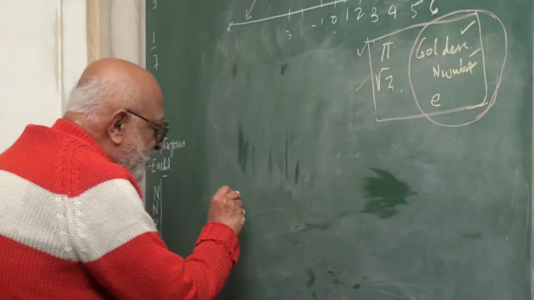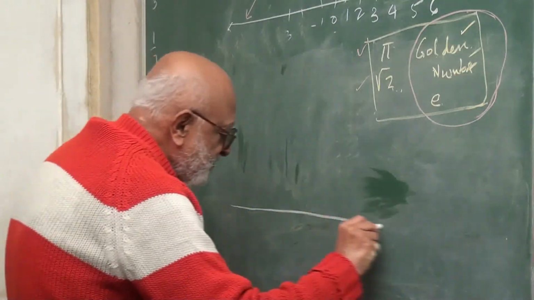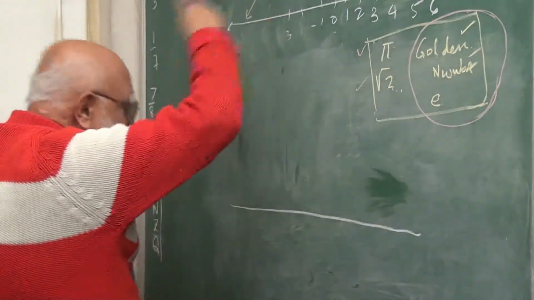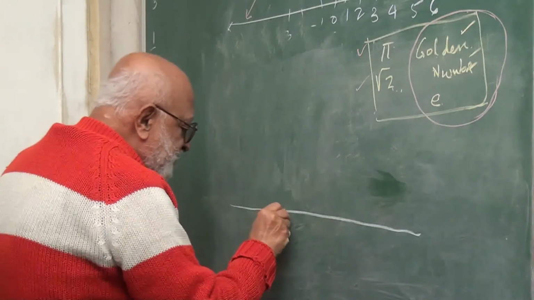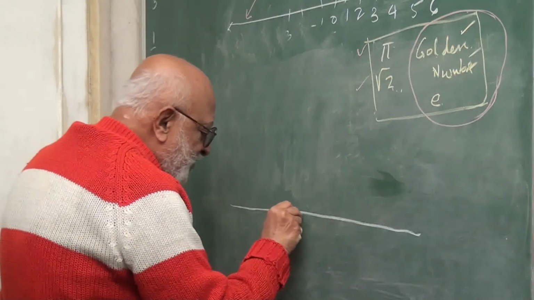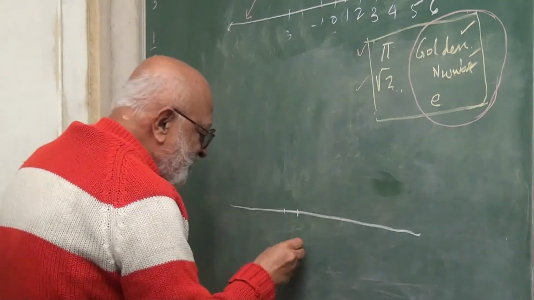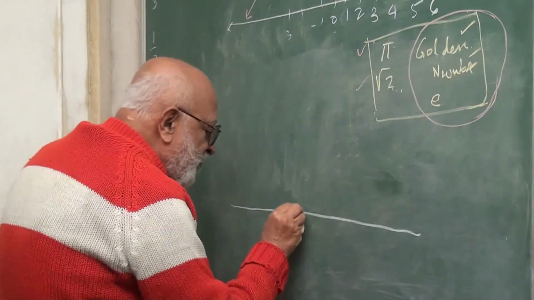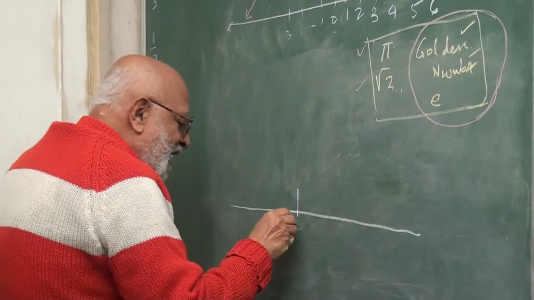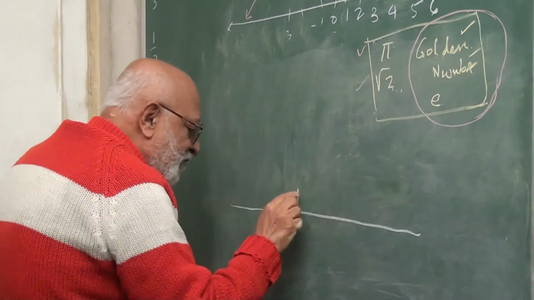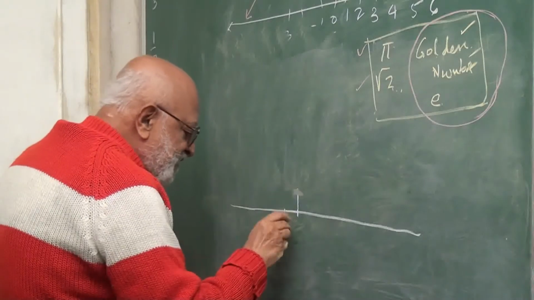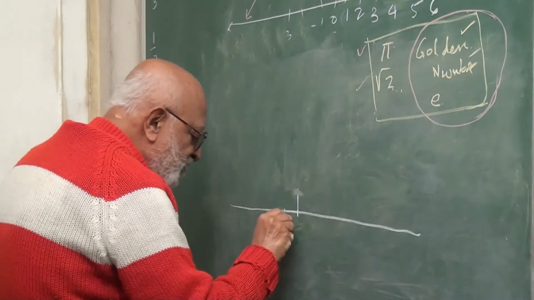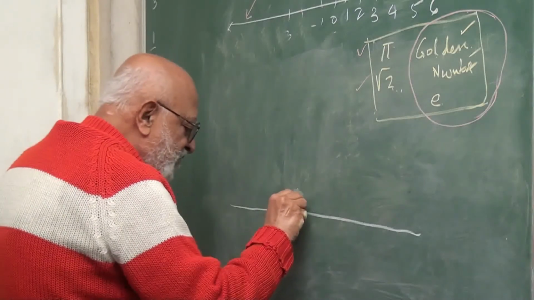Again you take the number line, or now the real number line, and you take 1 unit of it. You make a perpendicular here of the same amount. This is 1 unit, this is also 1.